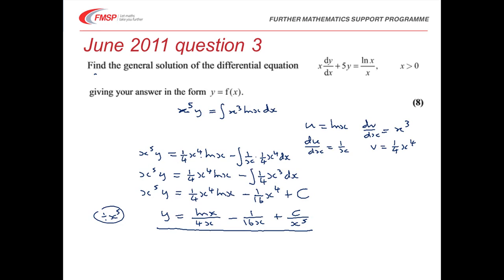There's also a method mark for applying integration by parts, an accuracy mark for the correct use of integration by parts, an accuracy mark for identifying the new integral that is found after integration by parts. There's a method mark for the correct integration, and the accuracy mark at the end for dividing through by x to the power 5 to get the correct expression for y.